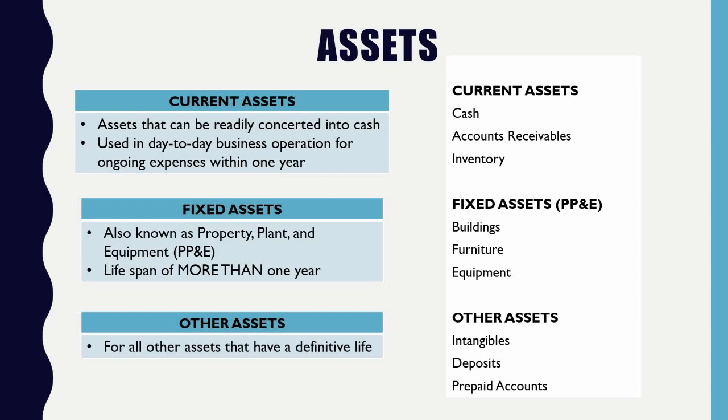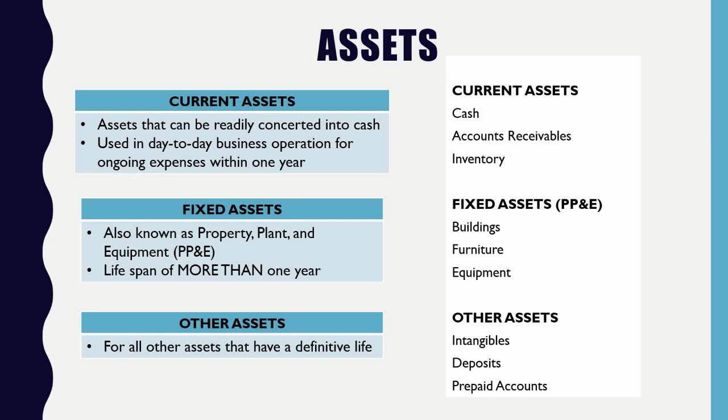Inventory, we understand that if we have inventory, I can easily sell that right back out and I would receive cash out of it. So that's how we organize our accounts even further, by categories based on how liquid these assets are. So you have 3 categories: current asset, fixed asset, and other asset.